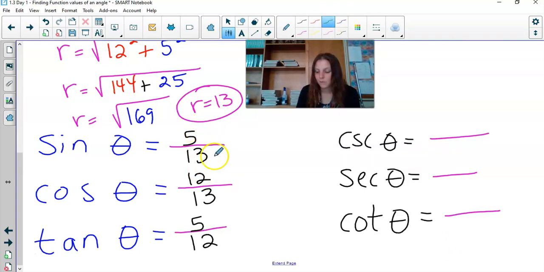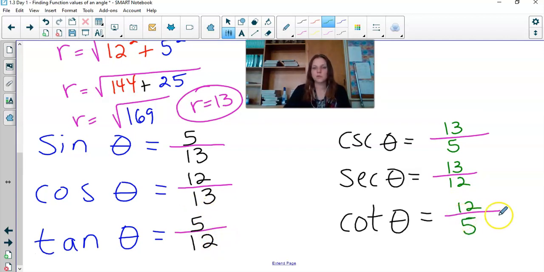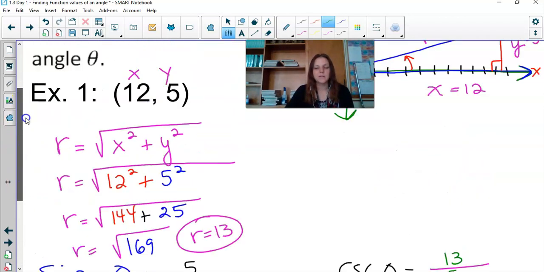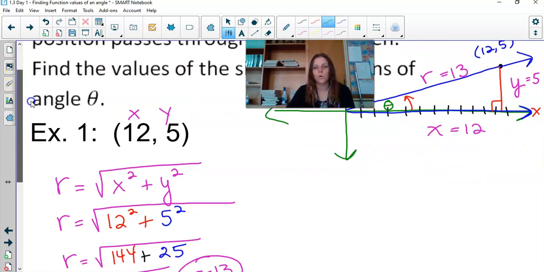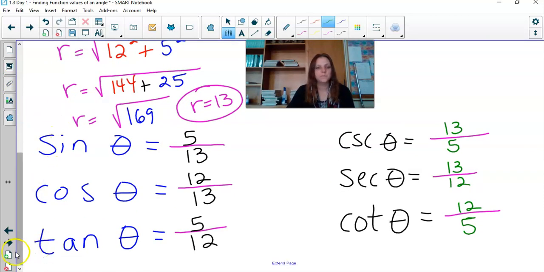So instead of 5 over 13, it's 13 over 5. Instead of 12 over 13, 13 over 12. 5 over 12, 12 over 5. Okay, so those are your 6 trig functions of this angle theta. This is our theta right here, and we just found the 6 trig functions for theta.